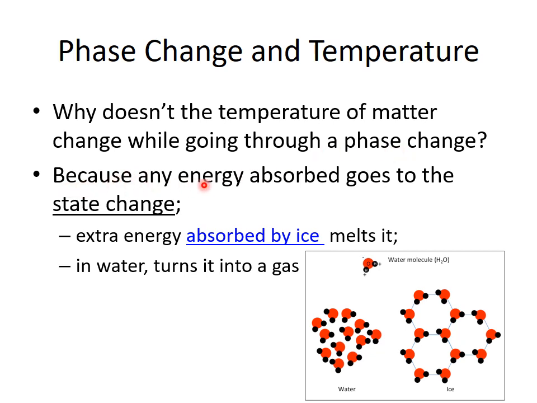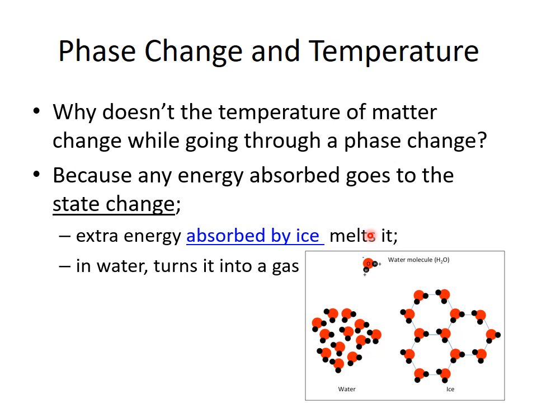It's because any energy absorbed by the ice in the solid state actually causes those little water molecules to go from a solid to a liquid. So they turn into a liquid, and the remaining ice is still in the original state. Any energy absorbed goes through the state change. So extra energy absorbed by the ice ends up melting it, but the remaining ice stays below 0 degrees.